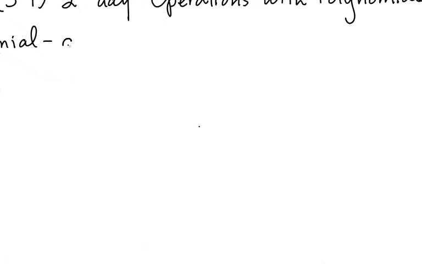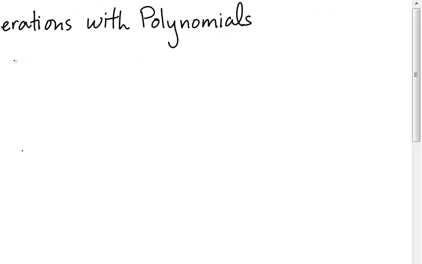Remember, a monomial is a number. Like if I just say the number 5, that is considered a monomial. It's also called a constant. It can be a number. It can be a variable. Like if I say x, x is considered a monomial. Or an indicated product.